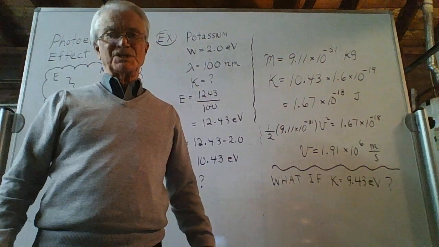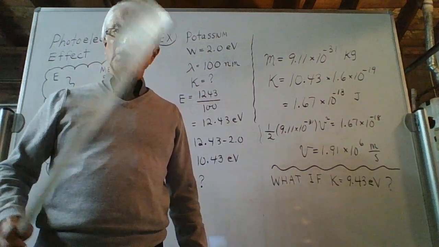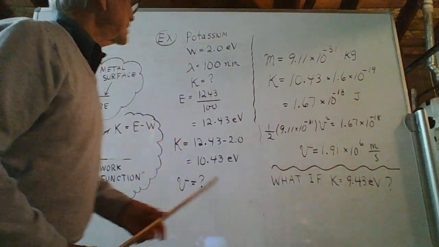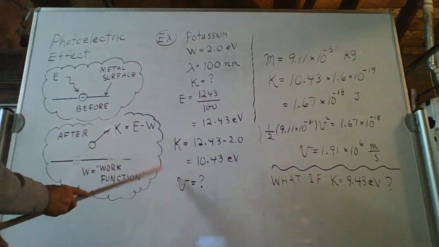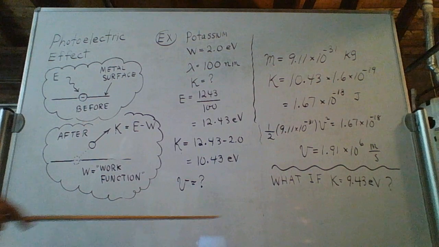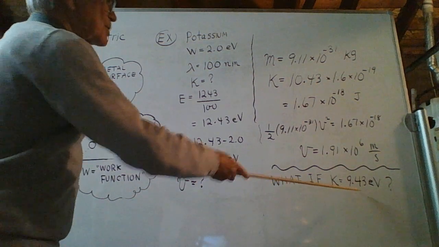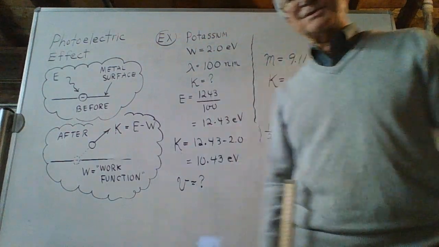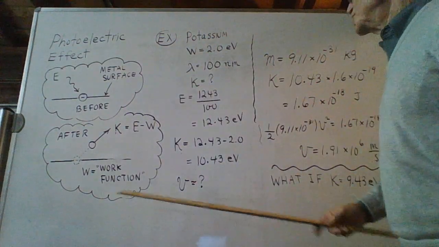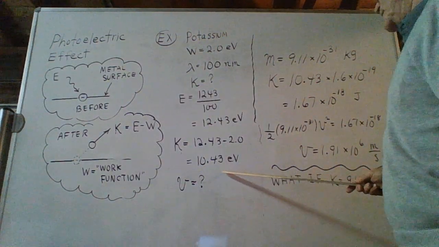Now, let's ask a different question. Suppose that in measuring the kinetic energy of the electron that escapes, we end up finding that it's only 9.43 electron volts. Our calculations show it should be 10.43.